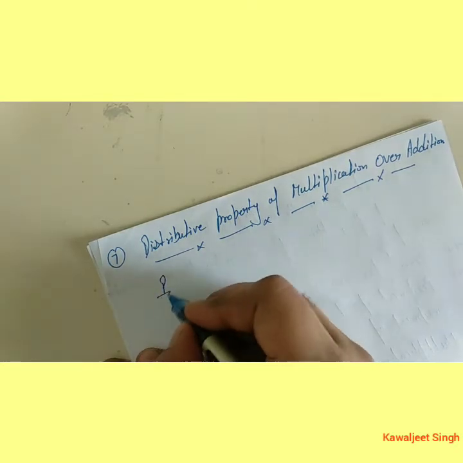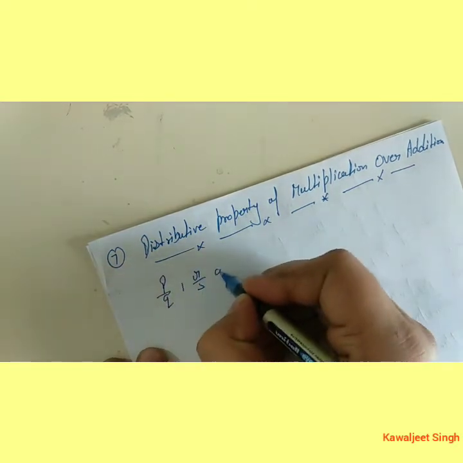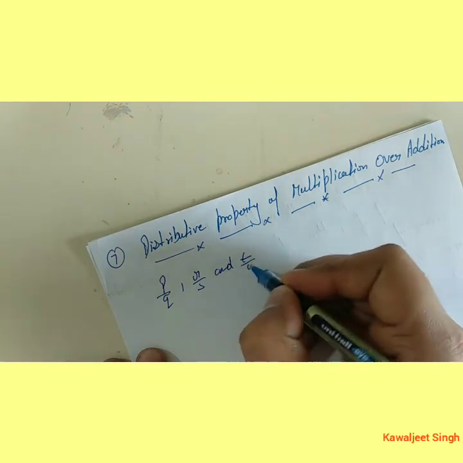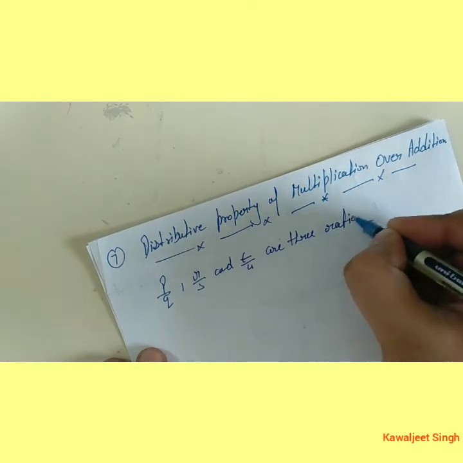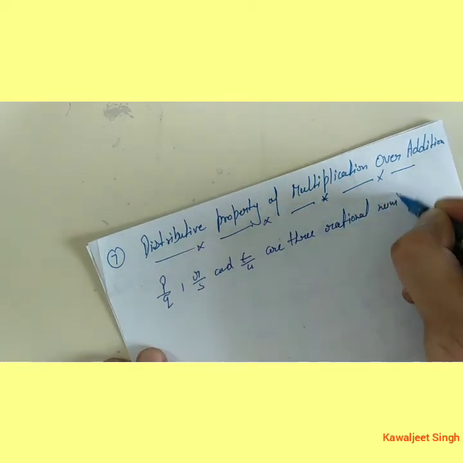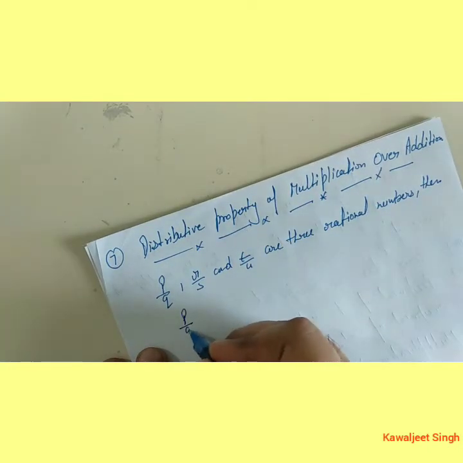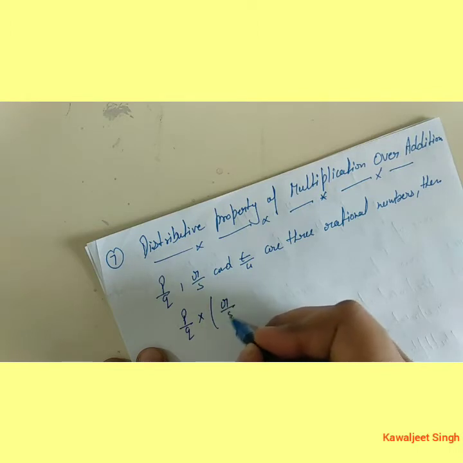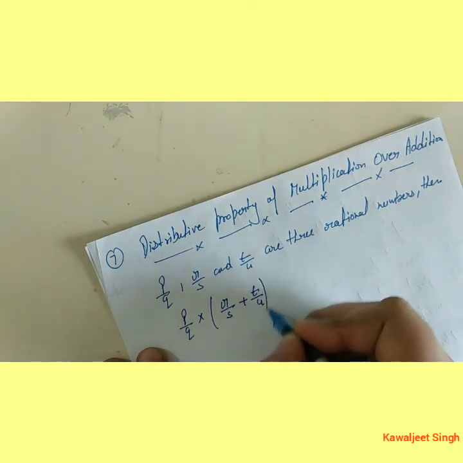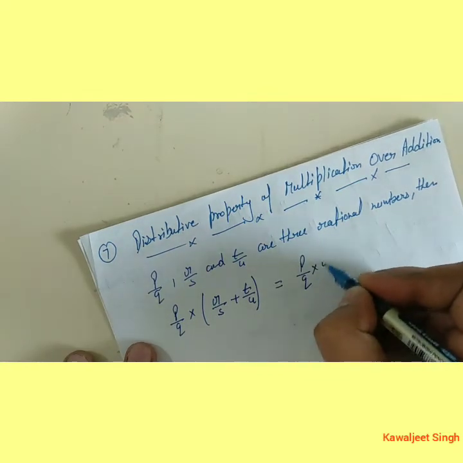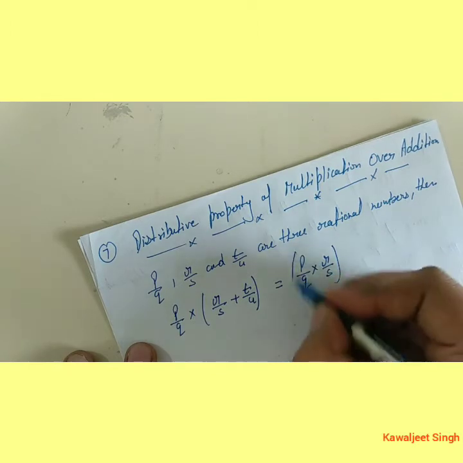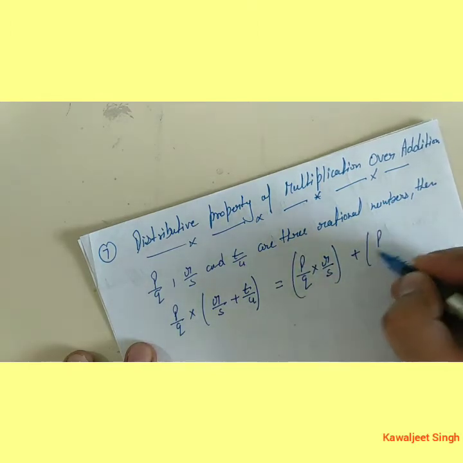So we can say if P by Q, R by S and T by U are three rational numbers, then P by Q into the sum of R by S and T by U will be equal to the product of P by Q and R by S plus the product of P by Q and T by U.